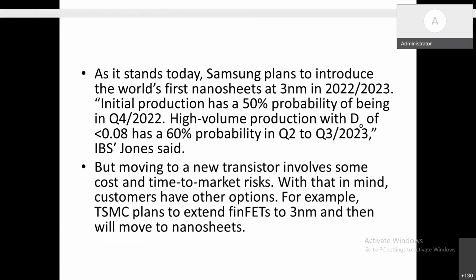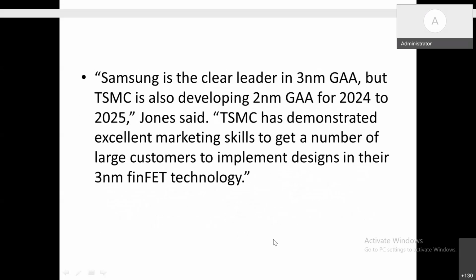So today, if I try to talk about it, Samsung has plans to introduce the first nanosheets at 3 nanometer in 2023. And TSMC also plans to extend FinFETs to 3 nanometer and then move to nanosheets.